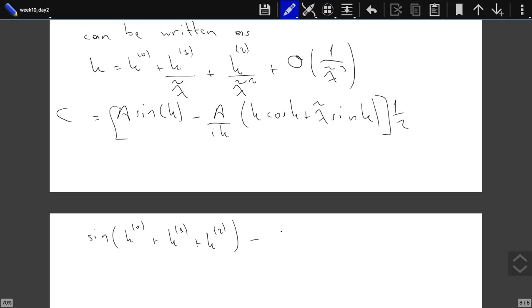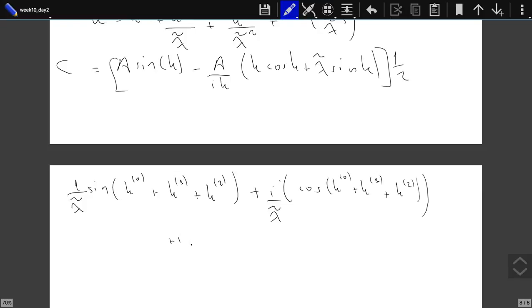Minus 1 over lambda tilde, because this is c over lambda tilde, plus, well, let me just multiply it out, I times cosine of k0 plus k1 plus k2 over lambda tilde, and plus I times sine of k0 plus k1 plus k2. This should be equal to 0 for the k I have.